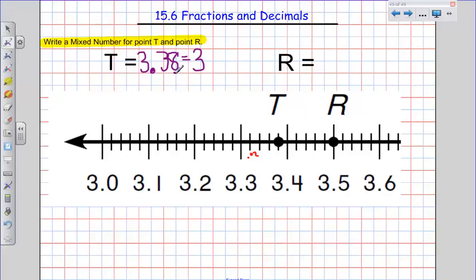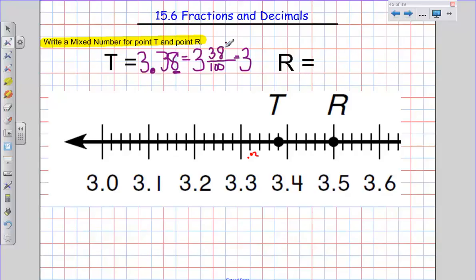Well, I'm in the hundredths place, right? So if I'm in the hundredths place, my whole is going to be out of 100. So 38 is the part. So I'm going to have that on top. Now, if I think back to my rules of divisibility and writing my fraction in simplest form, I know that both of these end in an even number, so that should be divisible by 2.